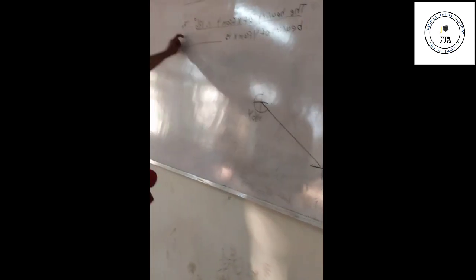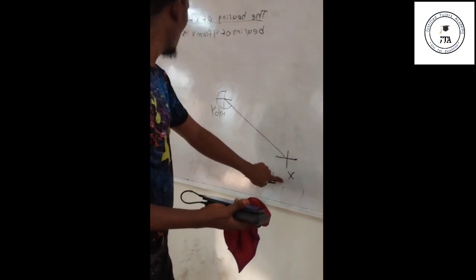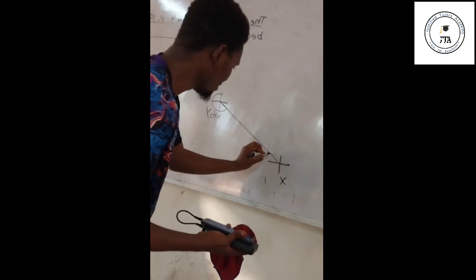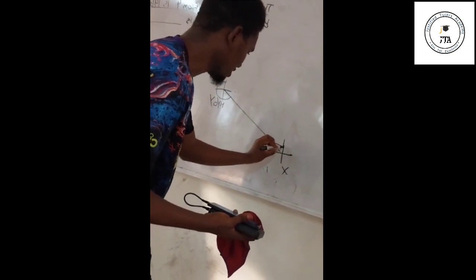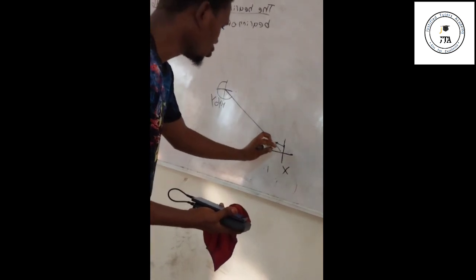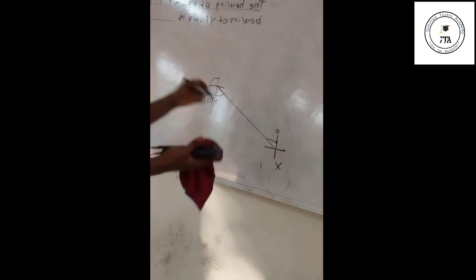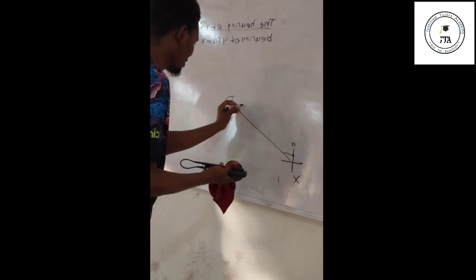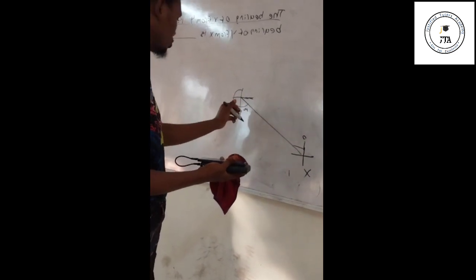Now, the bearing of y from x is what? Which means our angle is at x. We find the bearing from this place here to this place here. Because this is the line joining x and y, we go to the 0 degree at x. Now, we'll use that complementary angle I told you about. So let's find this place first.